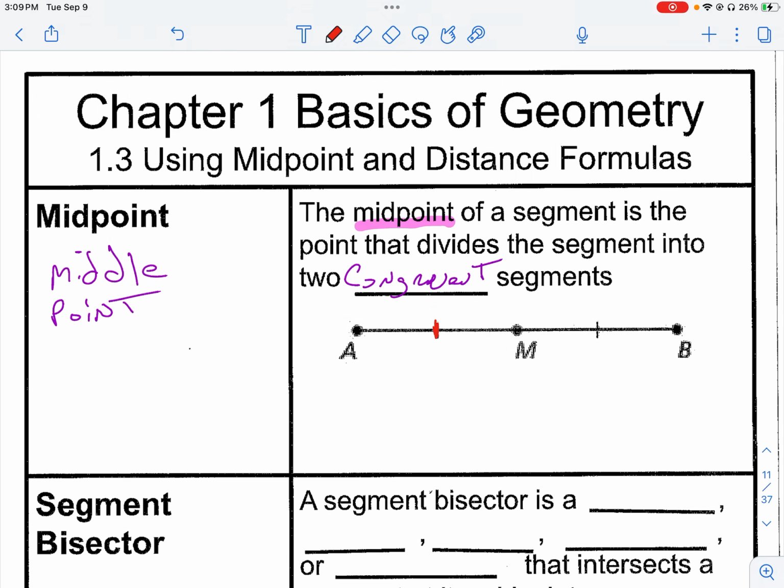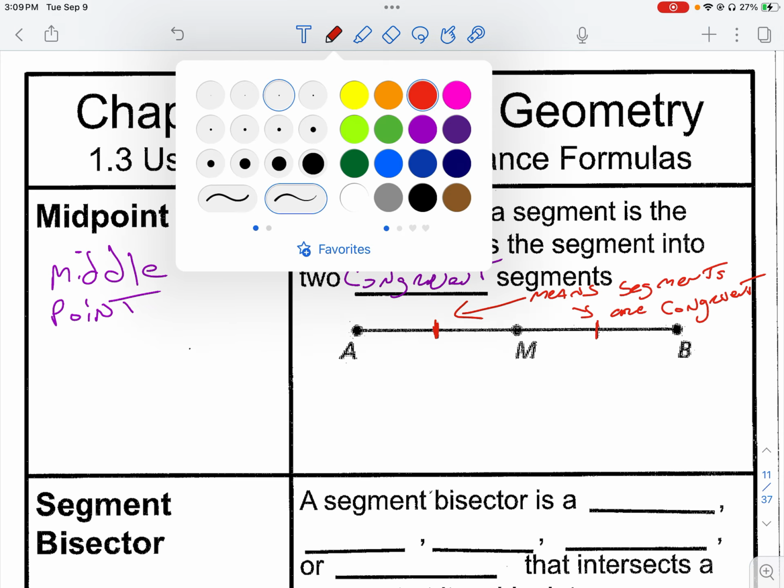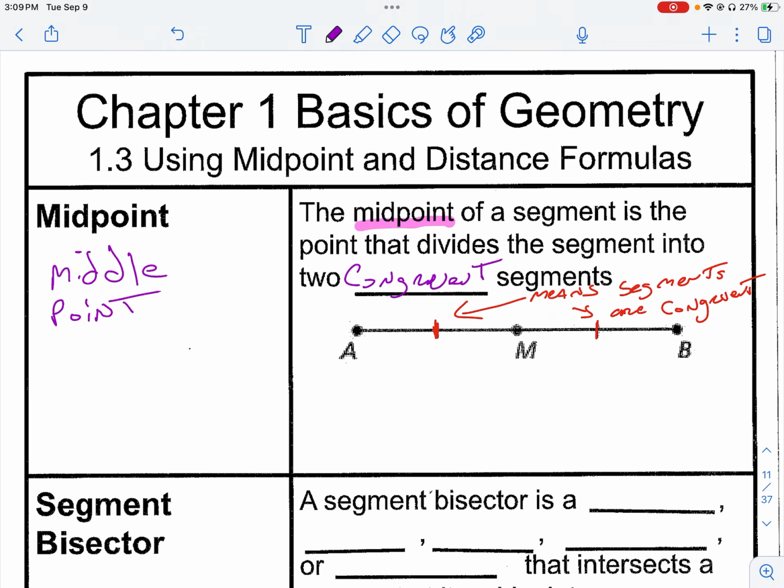And these two little dashes right here mean the segments are congruent. So anytime we see that, we know that those segments are congruent, their lengths are the same.